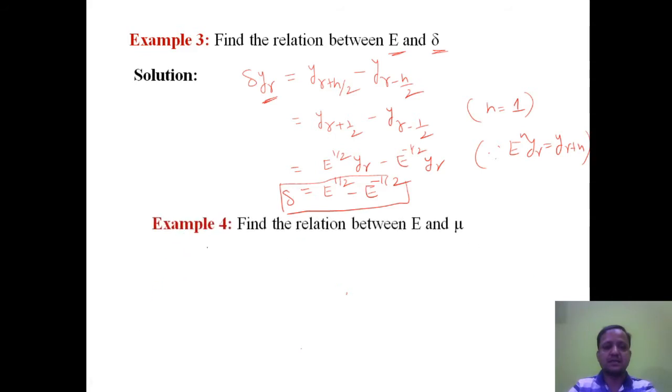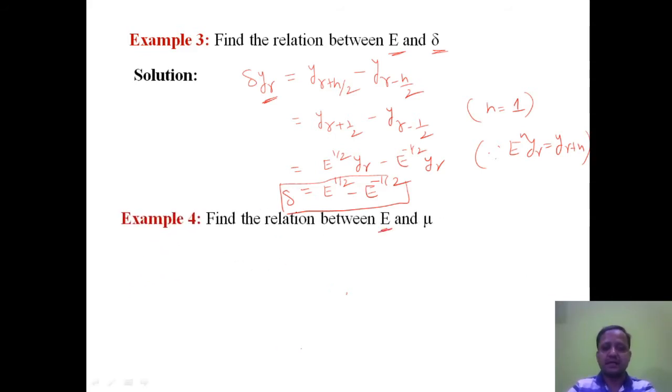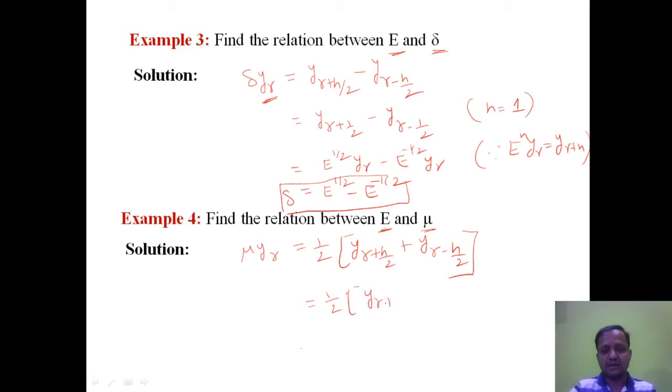Next, find the relation between shift operator and average operator. We know the general form of average operator: mu y r is equal to 1 by 2 of y r plus h by 2 plus y r minus h by 2. Here also we consider h as 1, so 1 by 2 of y r plus 1 by 2 plus y r minus 1 by 2, since h is 1.